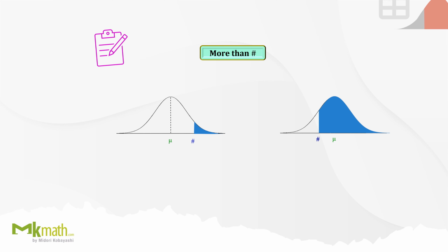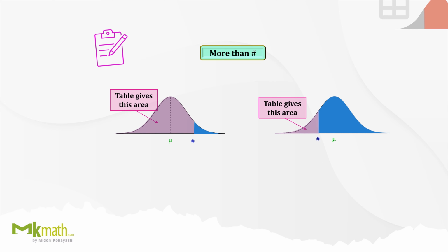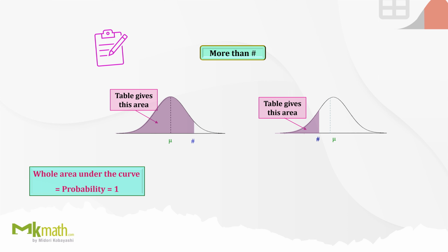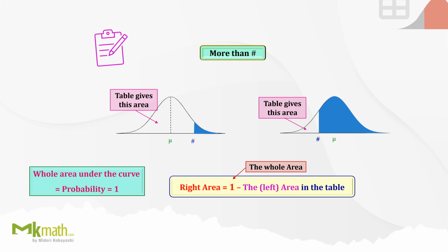However, our table gives us the left cumulative area. We know the whole area under the normal curve is 1, and we need the right side, not the left side. Therefore, we can just subtract the left area from 1 to get the right area.